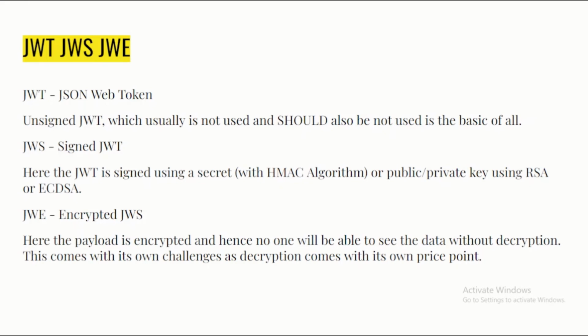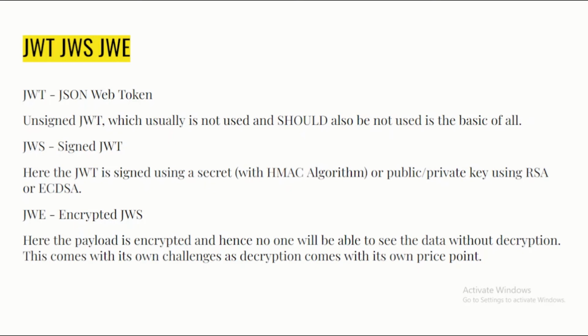Now JWS is a signed JWT. Signed JWT means that the third part is there. In the structure, the first was the header, the second was the body, and the third was the signature. If that signature is present, then it is a JWS. We sign using a secret, which can be an HMAC algorithm, or we can use public and private keys using RSA or ECDSA.